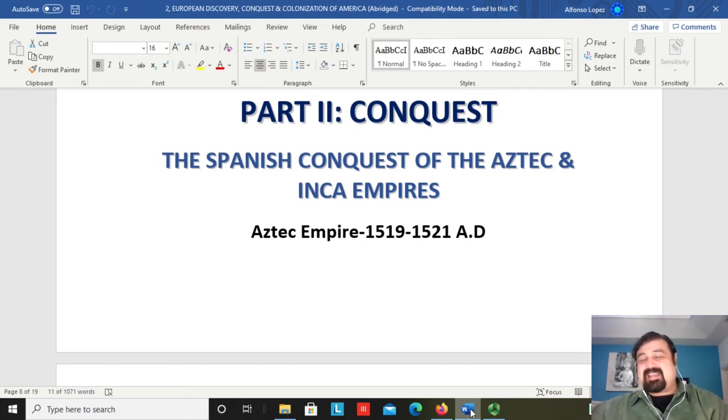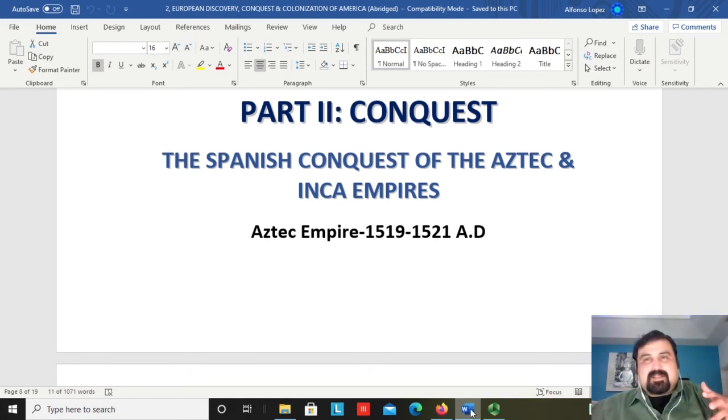In any given case, the Spaniards did not number more than 1,000 soldiers, and even less. In South America, it was less than 200 soldiers, versus the monumental number of Aztec warriors who battled against them in central Mexico, or the Inca warriors in South America.